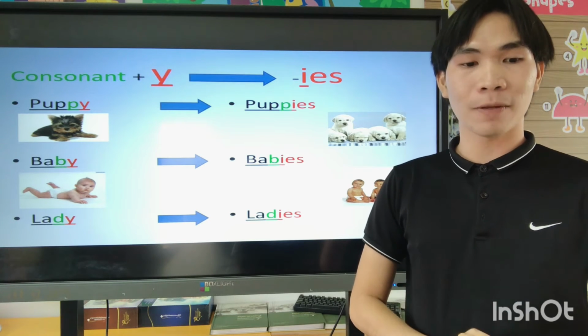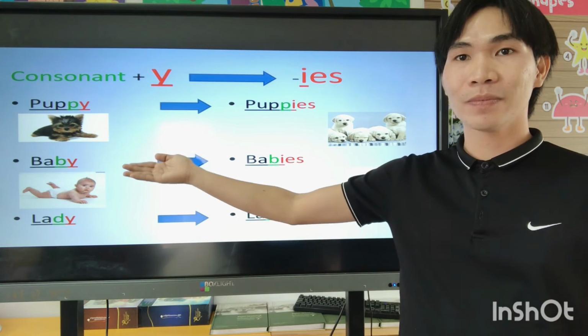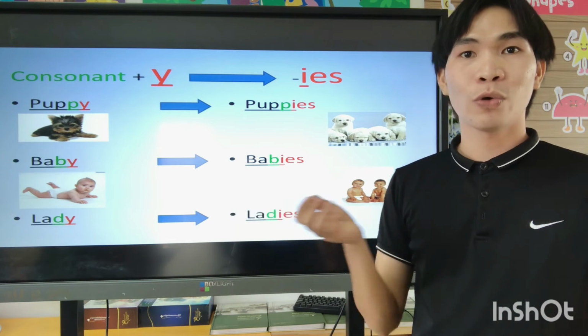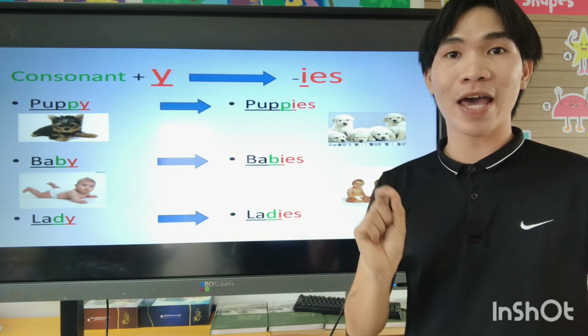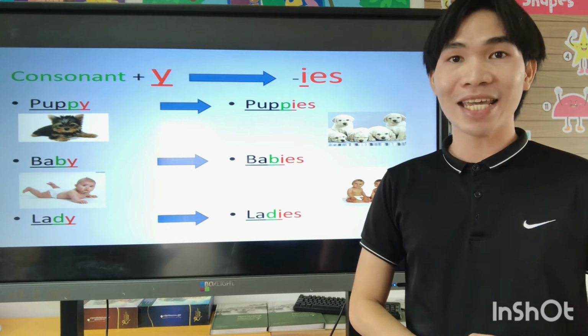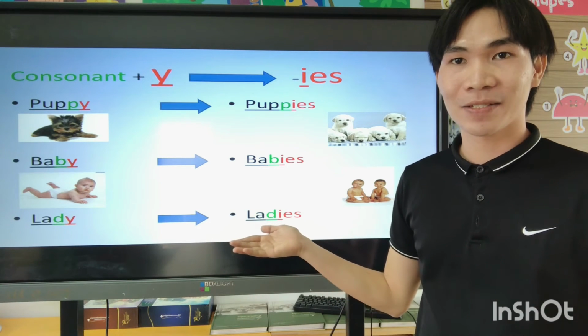The fourth rule. Baby, babies. What we did is we changed Y to I and we added ES. For the last one, lady, ladies.